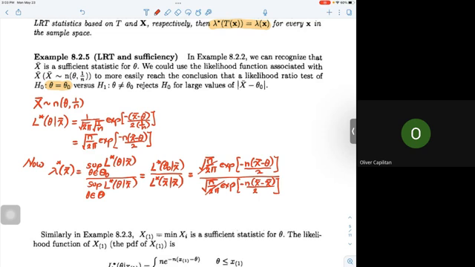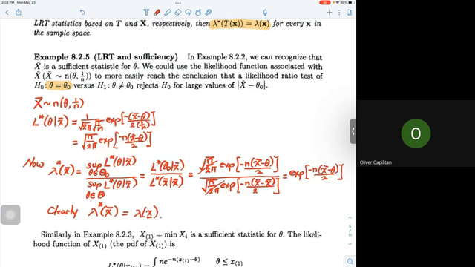Then we have this final answer now: the exponential of negative n x bar minus theta over 2. Clearly, the lambda star based on our statistic x bar is equal to lambda of our sample x.